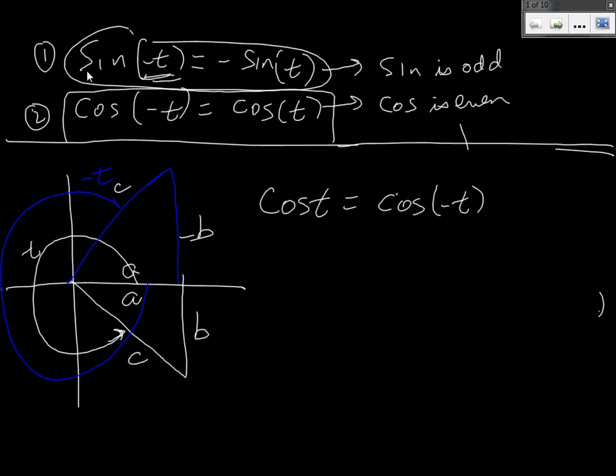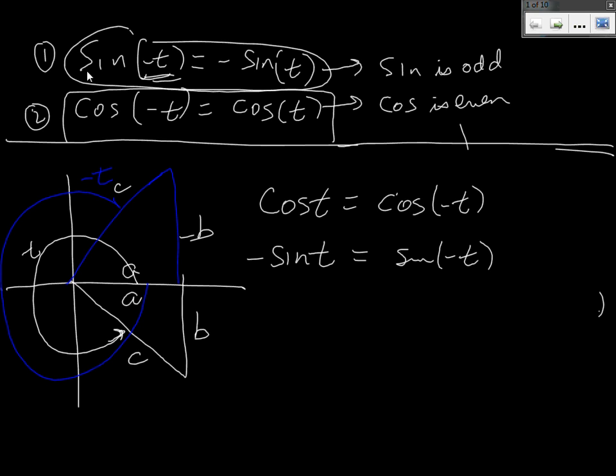The opposites differ by a sign, plus minus sign. So these two will not be equal. They'll differ by a sign. And there's the proof that sine function is odd and the cosine function is even.